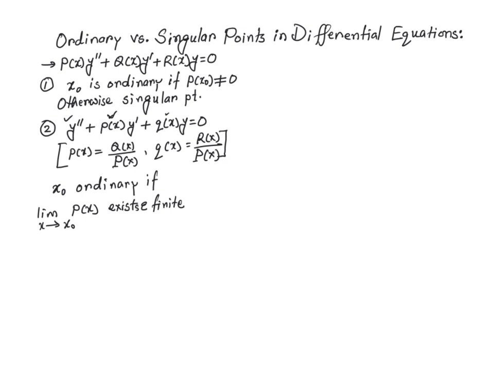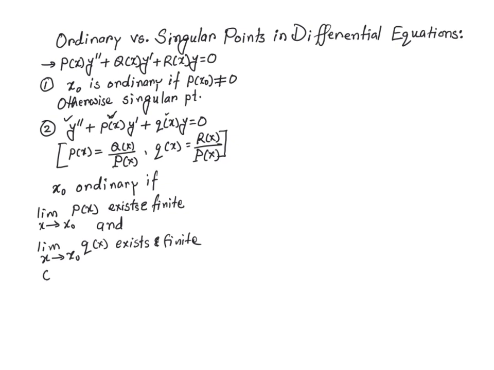And similarly, the limit as x approaches x naught of q of x exists and is finite. And this has to be an "and." Both of these conditions have to be true for x naught to be an ordinary point. Otherwise, we will call it singular.